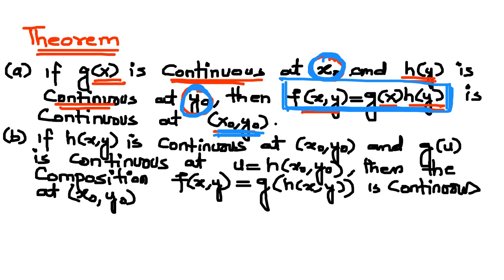Okay, so what does the second statement say? This says that if h of x y is continuous at x naught, y naught, and g is continuous at the point u which depends on x and y, then the functions can be combined in this form, and you can say this is a continuous function.